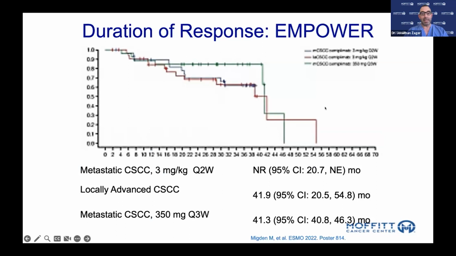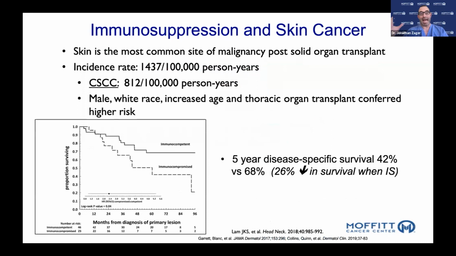And here you can see 3 different dosings and approaches for metastatic, locally advanced, and 2 different dosings for metastatic, where we have excellent responses in these patients with median progression-free survivals being almost 3 to 4 years in these patients before half the patients are going to have progression or recurrence of their disease.